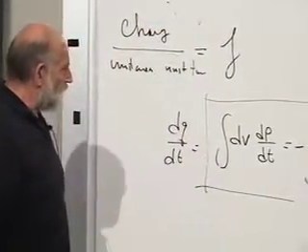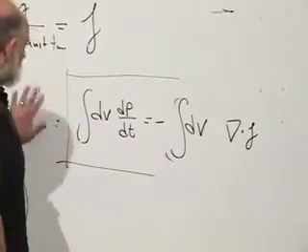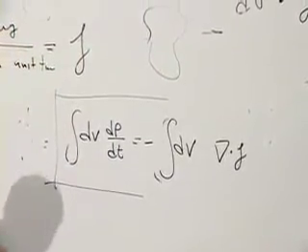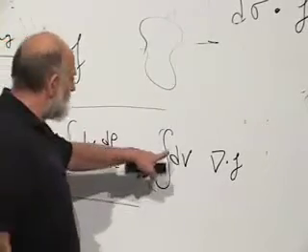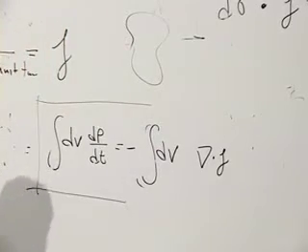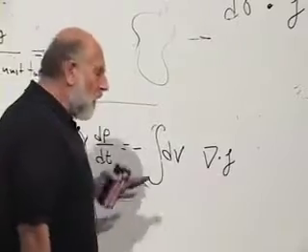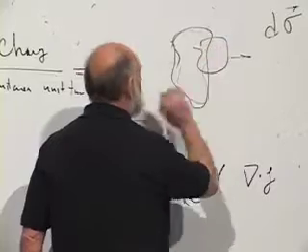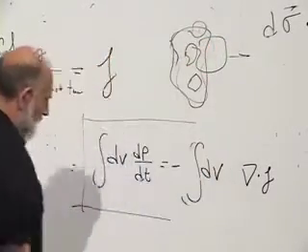All right, so now we have a new theorem: take any volume whatever, the integral over any volume of the time rate of change of the density of charge is the integral over the volume of the divergence of the current. If two integrals like this are equal, and it's true not only for some particular volume but for every volume you can think of, then there's only one way that can be true.